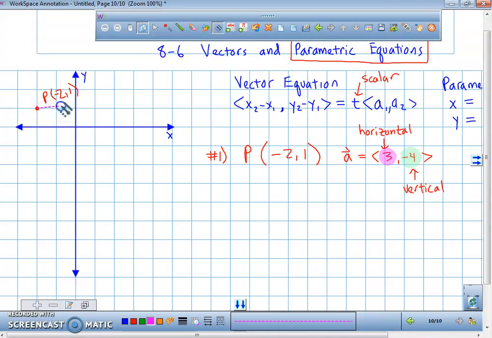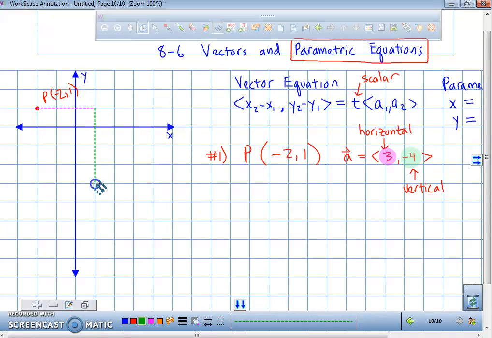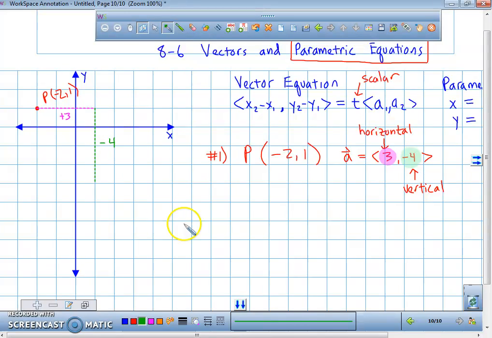So from right here, we're going to go over 3. We're going to go down 4. Over 3, down 4. The horizontal component is a plus 3. The vertical component is a minus 4. Then just label it. You went over plus 3, and you went down 4.